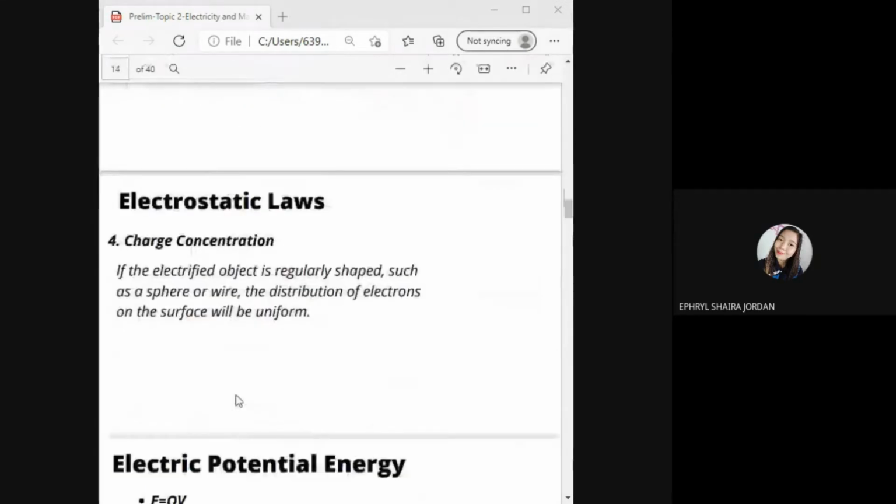The last law of electrostatics is charge concentration. If the electrified object is regularly shaped, such as a sphere or wire, the distribution of electrons on the surface will be uniform.